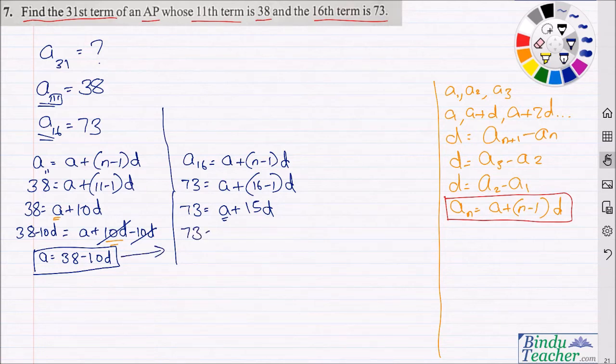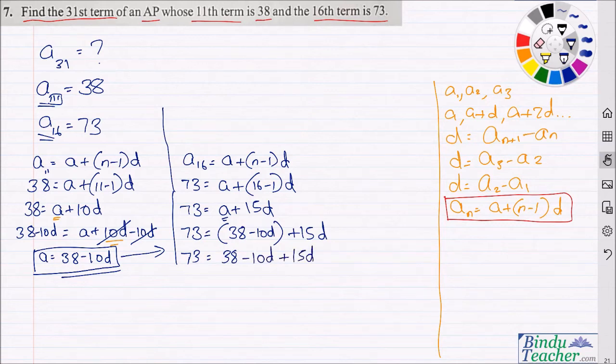I'll write 73 equals, instead of a, 38 minus 10d, and then plus 15d. Now let's simplify this. Removing the brackets, we get 73 equals 38 minus 10d plus 15d. Minus 10d and plus 15d can be simplified. We get 73 equal to 38 plus 5d.